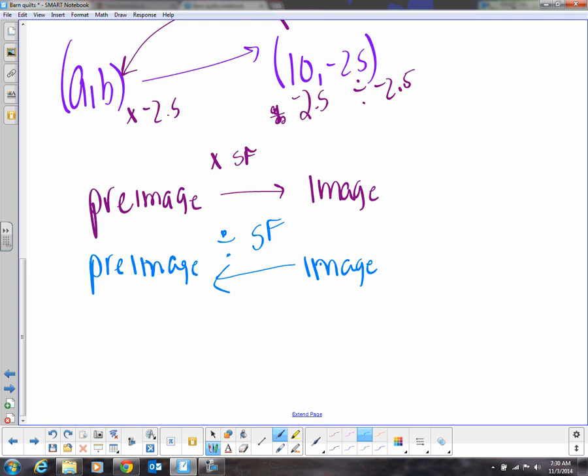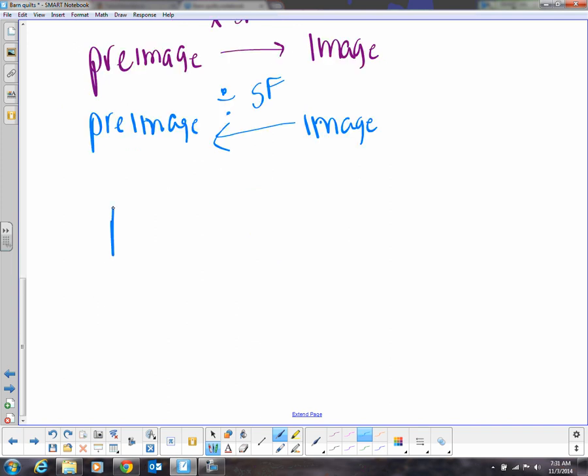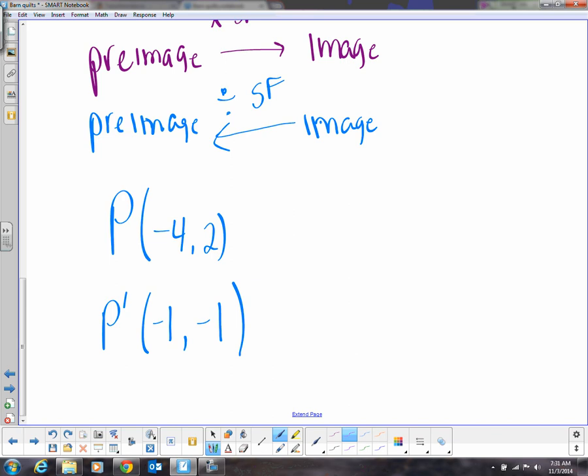Becky. 8. Write a translation that maps P negative 4, 2 onto. Oh, so here we need the rule. So we're starting at negative 4, 2, and our end point or our stopping point is negative 1, negative 1. The question is, what do I add to negative 4 to get negative 1? 3.